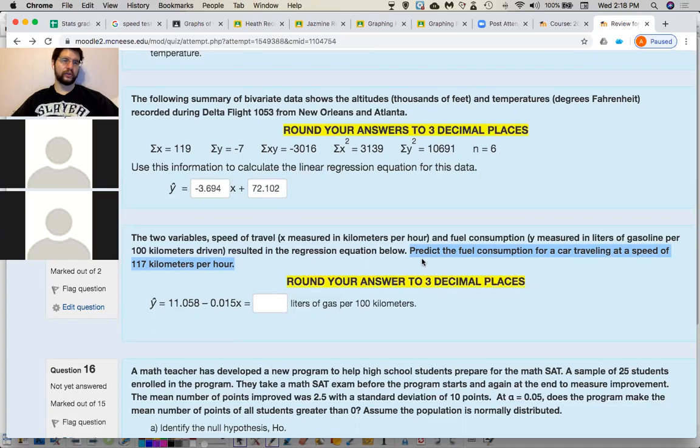If it's not correlated, we use y bar. Looks like for these, we're just going to have to assume they are correlated, which I mean, we know they are because of what I was talking about. We know that your speed and your fuel efficiency are directly related. Well, inversely, I guess. So we're just going to plug it in.